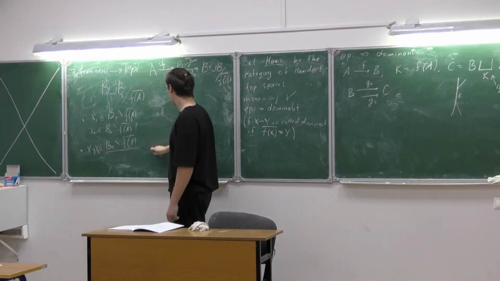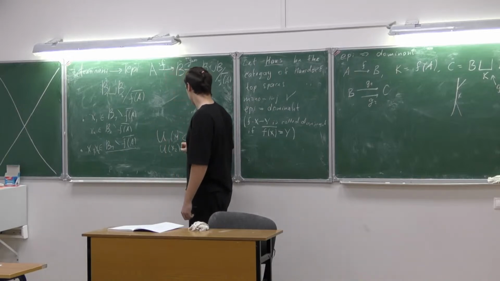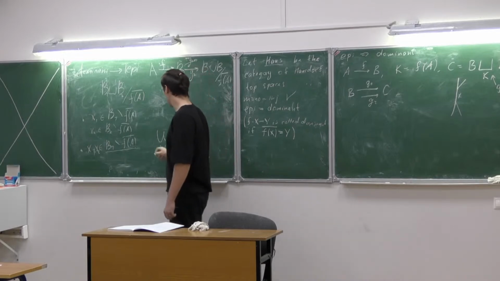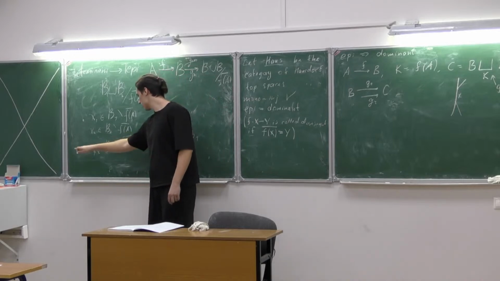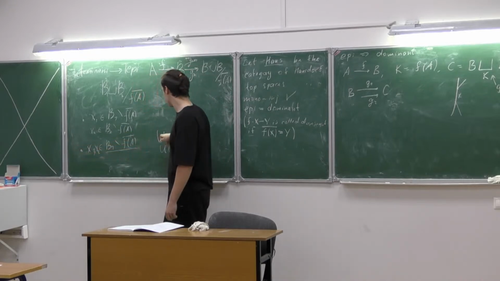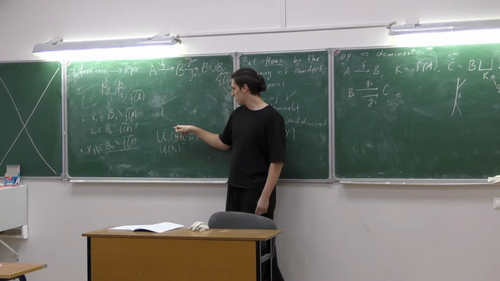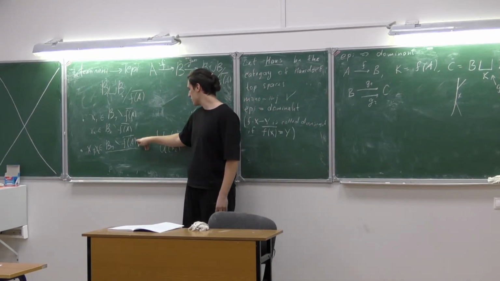Let's name them U of x1 and U of x2. Those are 2 separate in B1. Thus we should obtain the vicinity for the first point by intersecting this subset with this one.